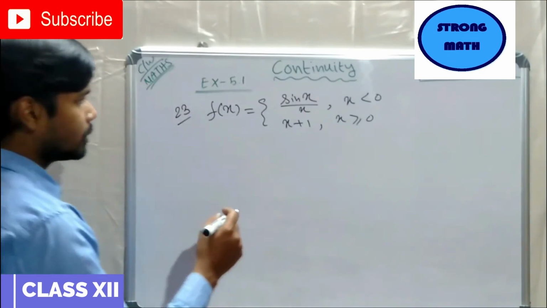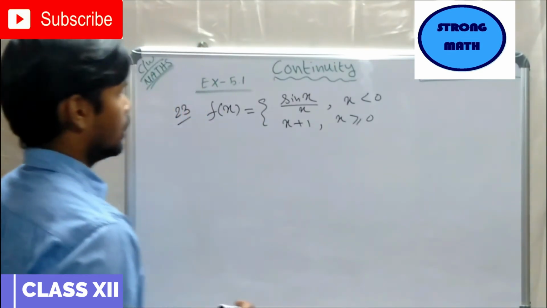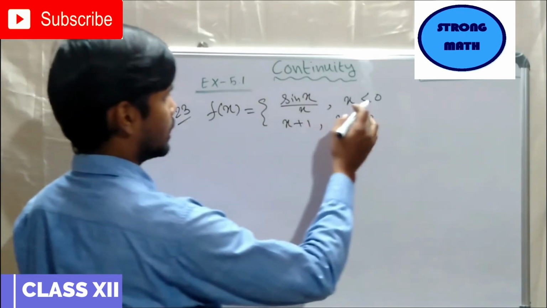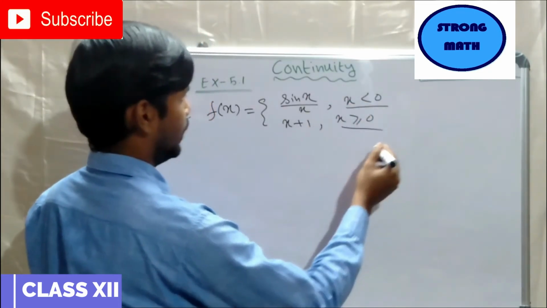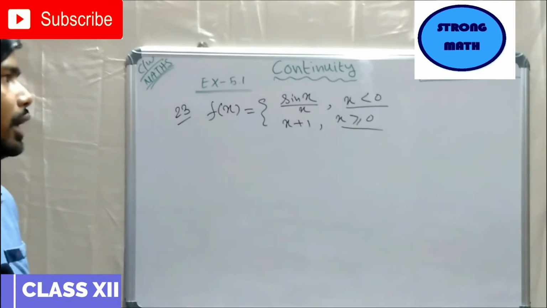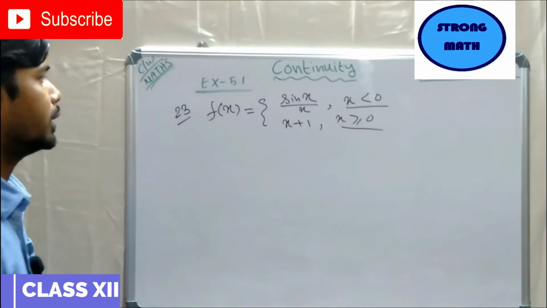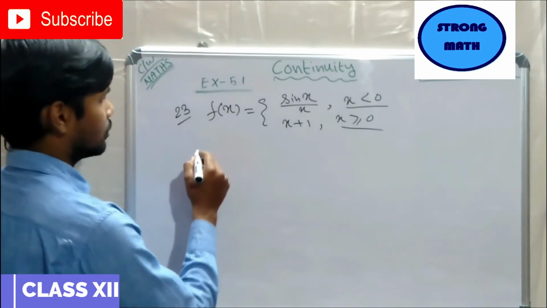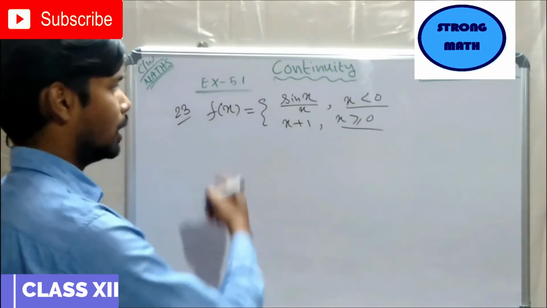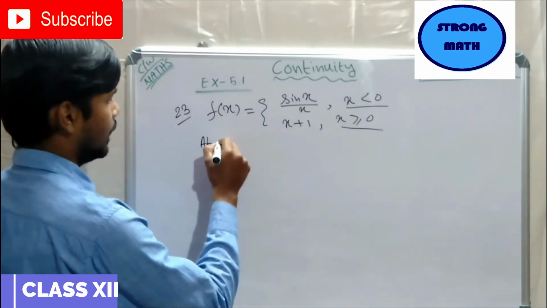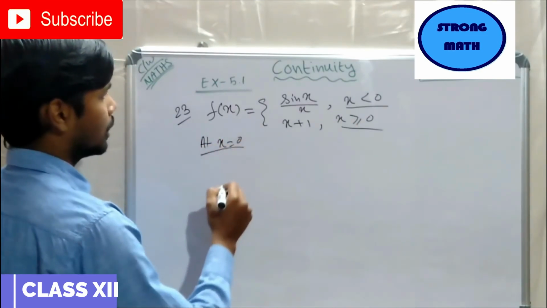Now remember, as I have already told, we have to check only at the breaking point. Here the function is broken at the point 0, so we only check the continuity of this function at x = 0.